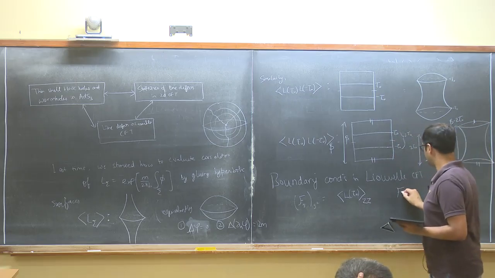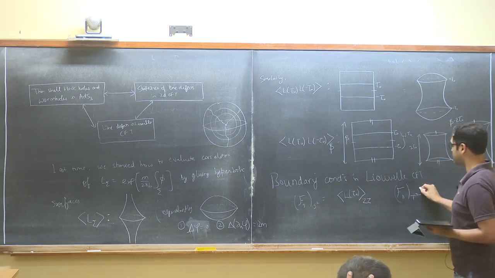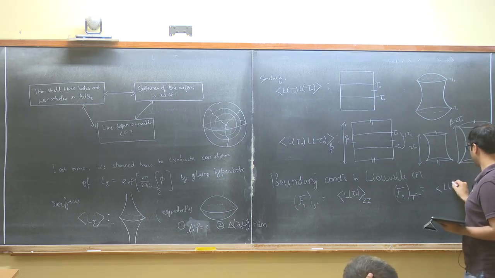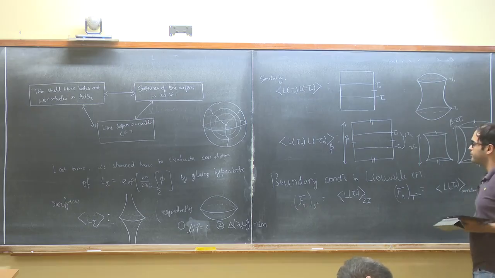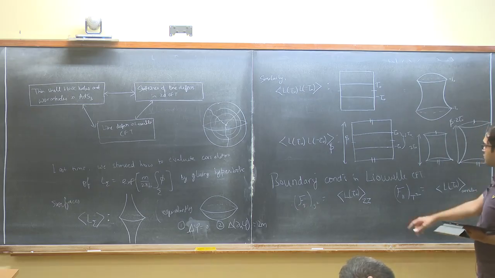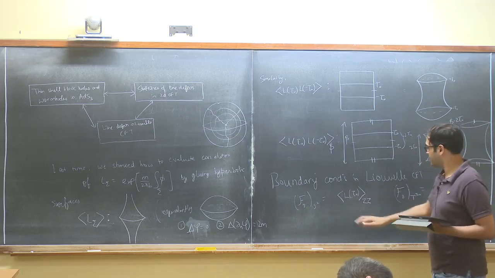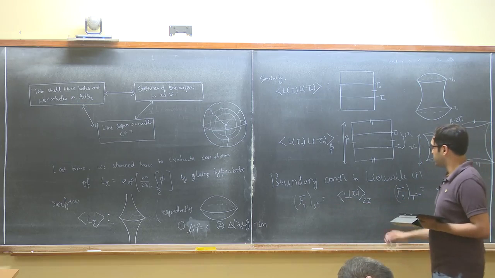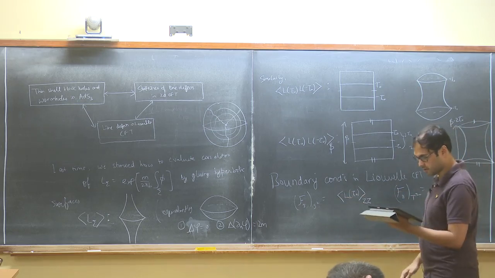And similarly, the identity block evaluated on a torus is the 1-point function of the defect evaluated on an annulus with ZZ boundary conditions. So these relations are how you can translate Liouville to CFT. Basically, Liouville with ZZ corresponds to something in CFT. So that's the idea.